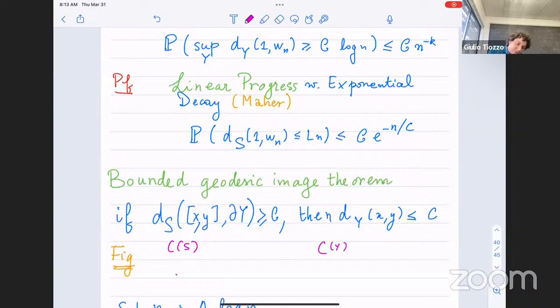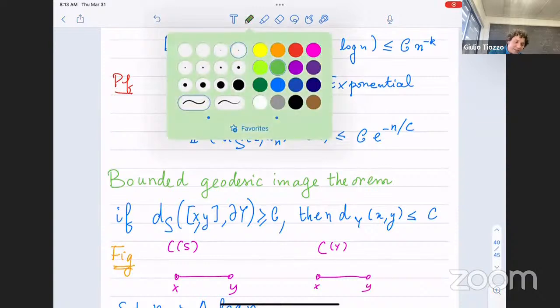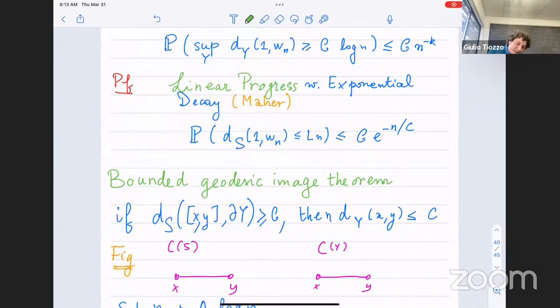So if you take two points here, X and Y, and you look at it in the other complex, the only way for the path to make progress in CY is that at some point the geodesic in CS passes close to the boundary of Y. Otherwise, you're not going to make it.